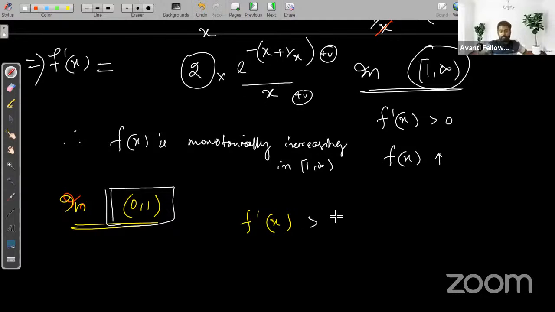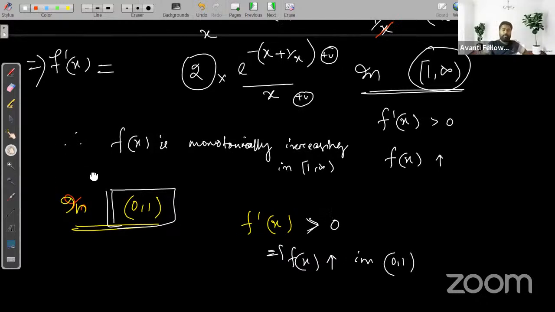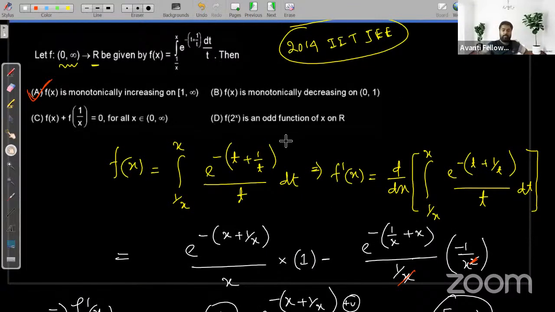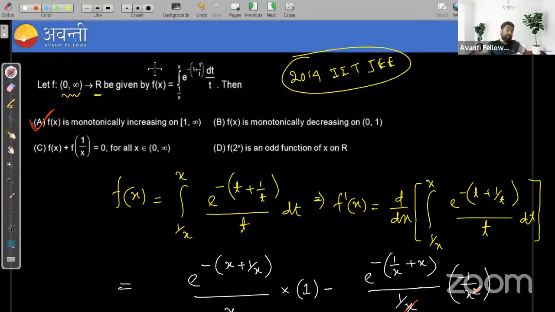That means here also f dash of x is greater than 0, so f of x is monotonically increasing in 0 to 1. But in the given question, option B says that f of x is monotonically decreasing in the interval 0 to 1.